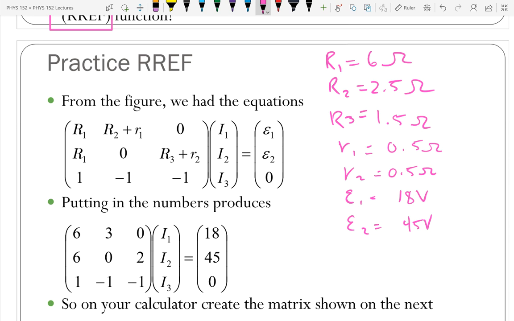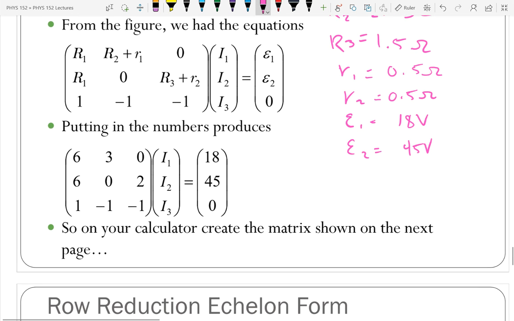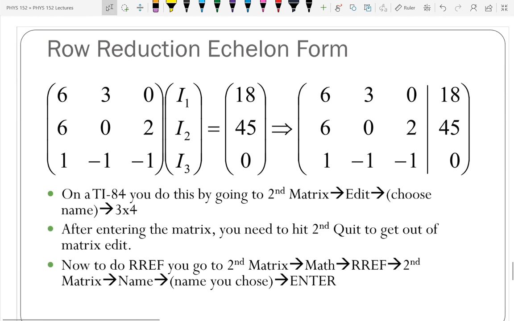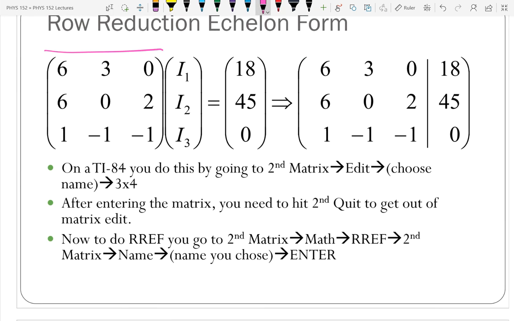Now on your calculator, because this is 3 this way, 3 this way, and 1 here, we create a 3 rows by 4 columns matrix. So we took this matrix here and slammed it together with this here to make this 3 by 4.